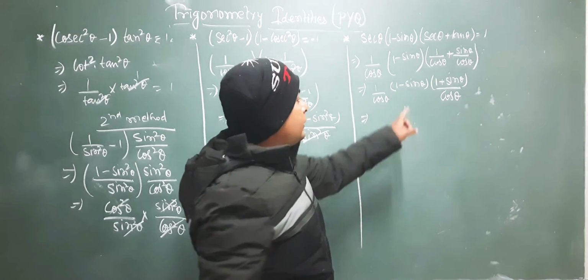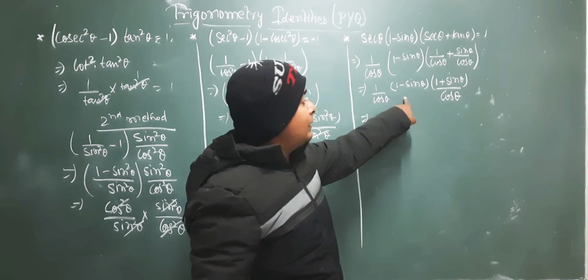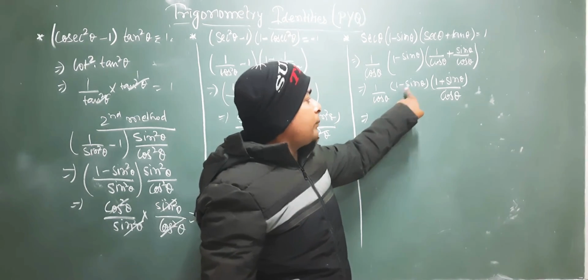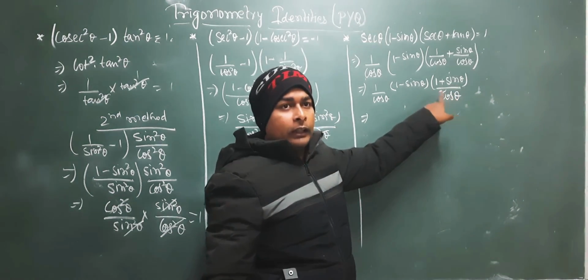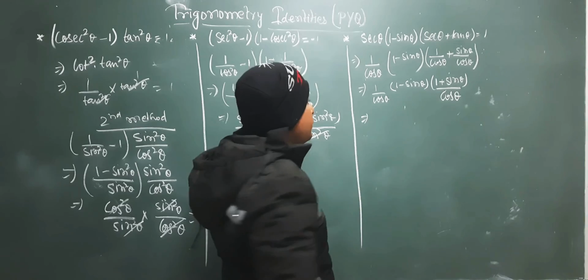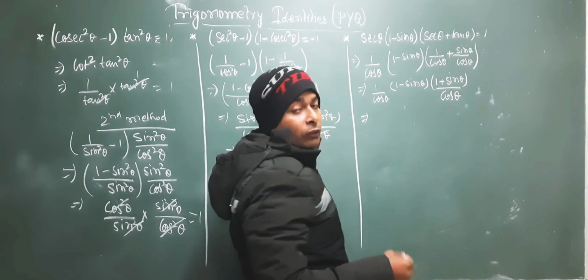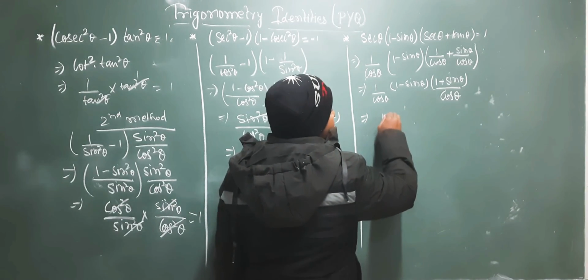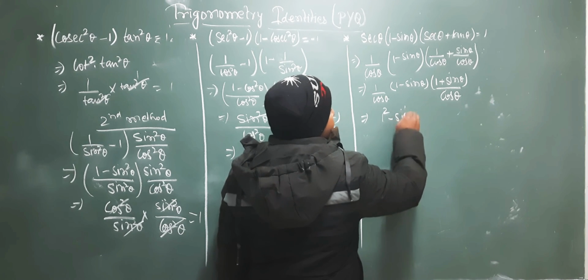So my dear, you can see that in the numerator we are getting one algebraic identity, (a minus b) into (a plus b) is equal to a square minus b square.